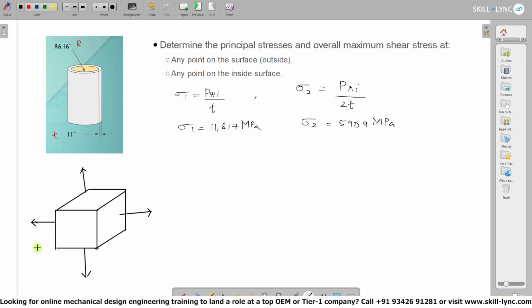But when it comes to the third value, which is sigma 3, we can say that it's going to be 0. So basically, sigma 1 is going to be 11,817 and sigma 2, which is the perpendicular value to sigma 1, is going to be 5909.